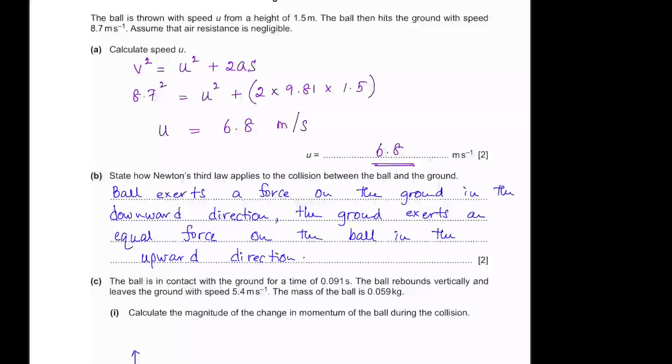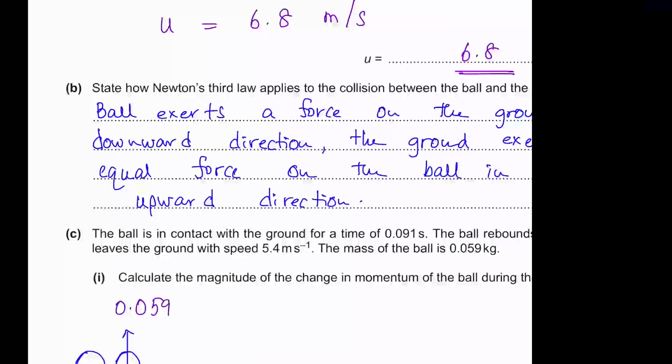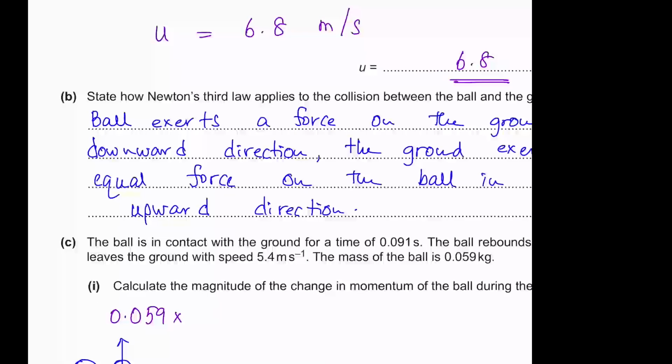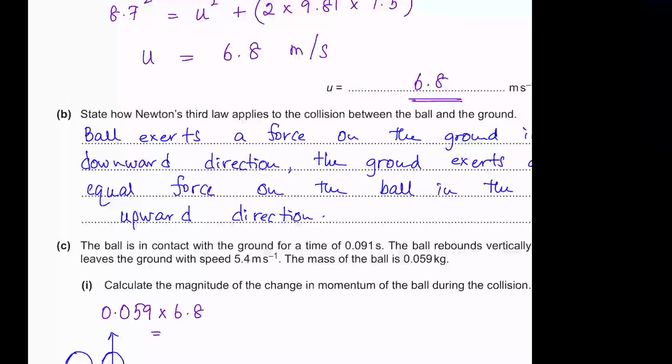Then the ball will be rebouncing from the ground with a velocity of 6.8, which means mass into velocity will be 0.059 into 6.8. So the rebouncing momentum is 0.4012 newton seconds or kilogram meters per second.